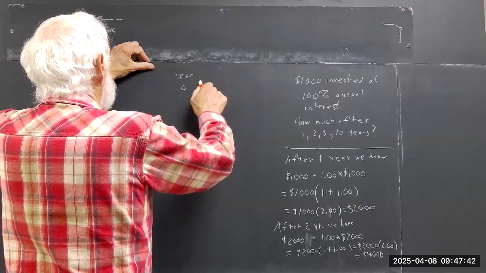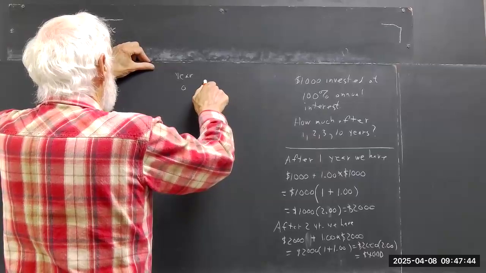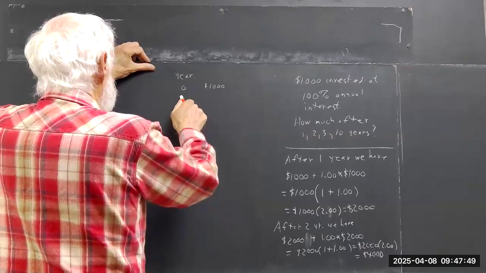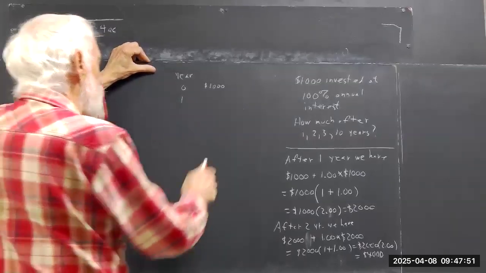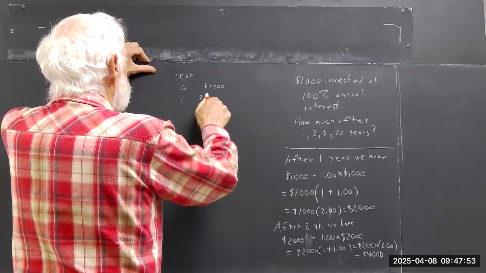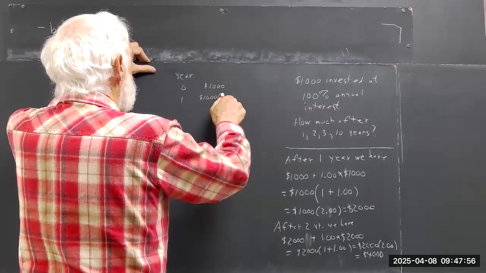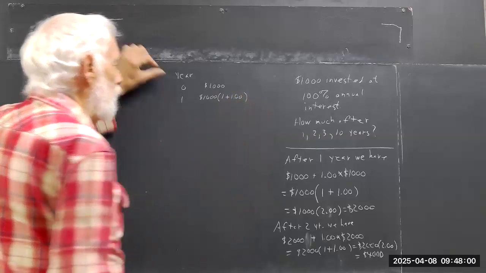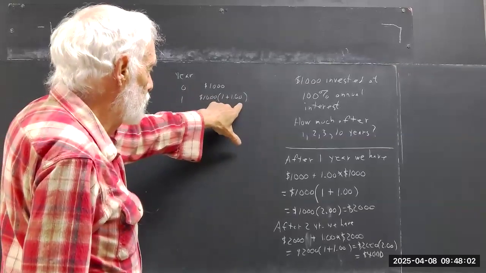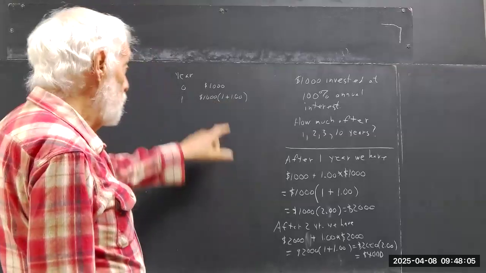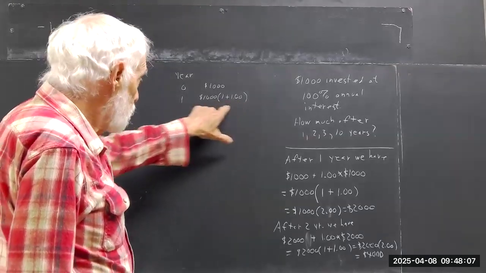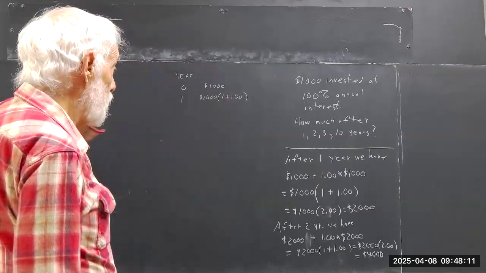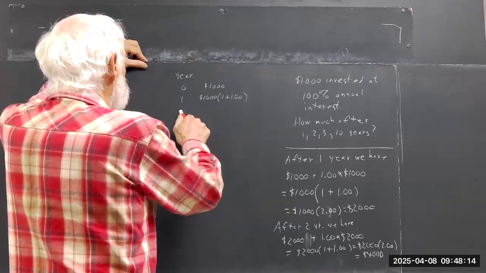Year 0, we have $1,000. Year 1, we have $1,000 times 1 plus 1.00, meaning we have $1,000 plus 100% of $1,000. Okay, and I'm not going to write that out anymore.